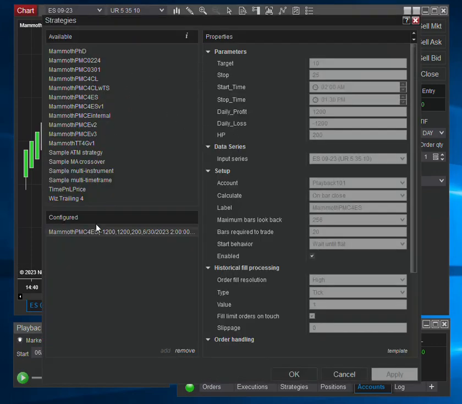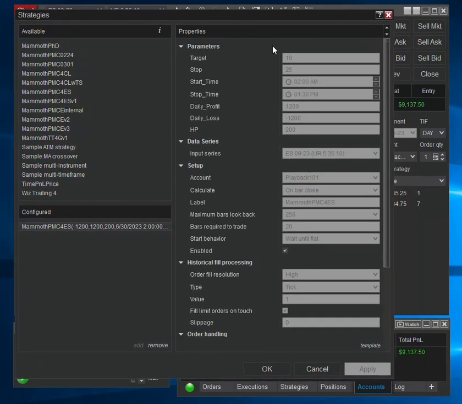This is the strategy called Mammoth PMC for ES, and you will see that the target is set for 10 ticks and the stop loss is 25 ticks. Now, the start trading time for this strategy is 2 a.m. Central Time, and the stop time is 1:30 p.m. Central.